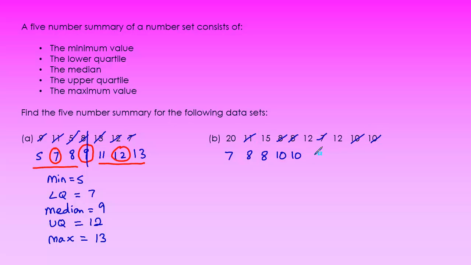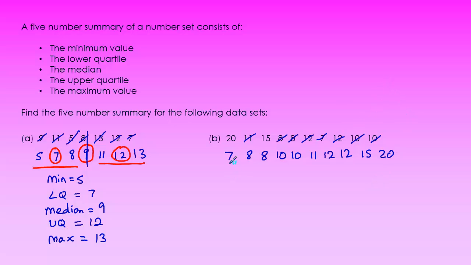There's a single 11. There's 2 12s, a 15, and a 20. And let's just count. 1, 2, 3, 4, 5, 6, 7, 8, 9, 10.